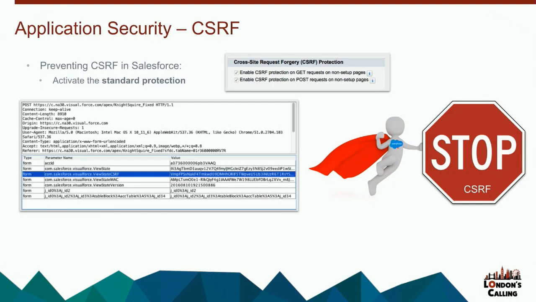So normally, the protection that web pages set up, as Salesforce, for example, has a standard protection, consists of sending a token with each request and validating that token in the server. In that way, it's very, very difficult for the attacker to know exactly which URL you have to write.